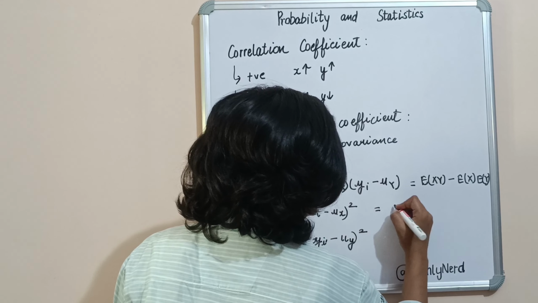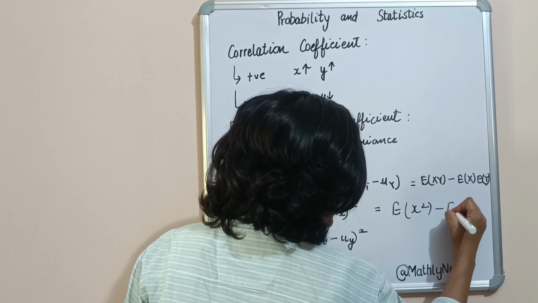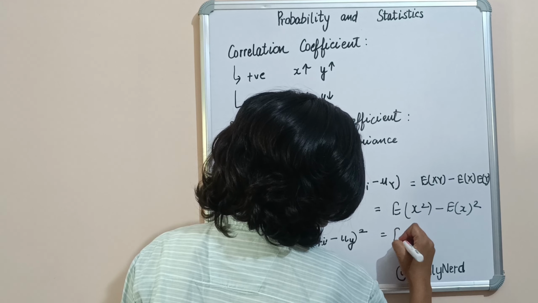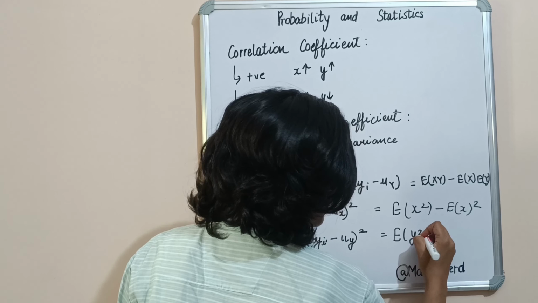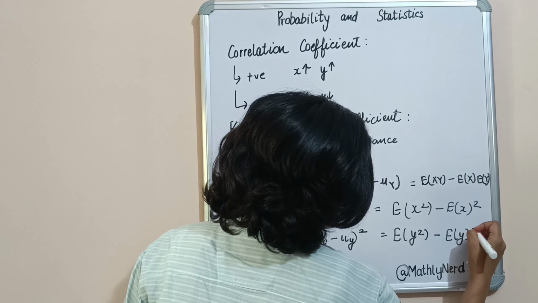We can also write it as expectation of x square minus (expectation of x) square. We can also write this as expectation of y square minus (expectation of y) square.